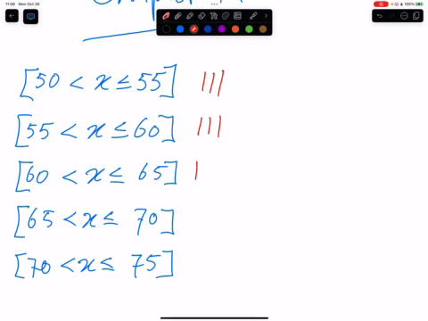So this is 1, 2, 3, 4, 5, 6, 7, 8. 65 to 70, this is 1 to 70.